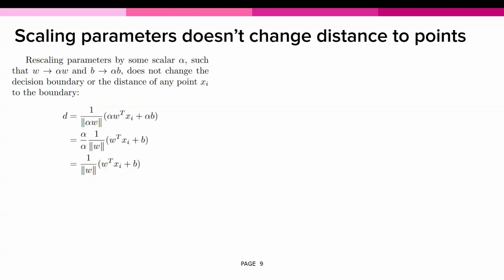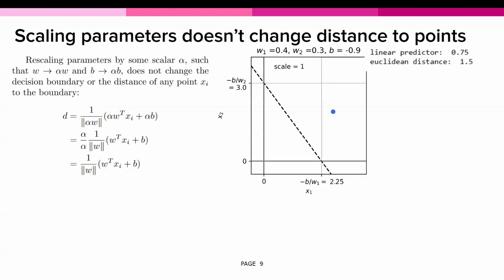This is illustrated in the plots on the right. In the leftmost plot, you can see a set of weights and bias that define the decision boundary, with the linear predictor and the Euclidean distance to a particular point.